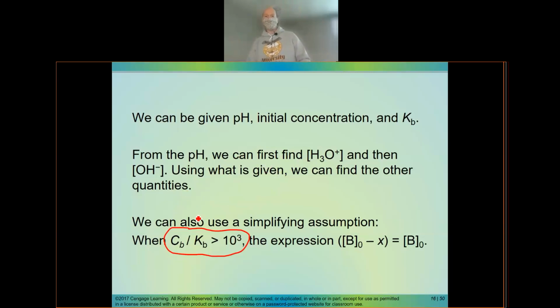All right, so that is where your 5% error comes in. If you have your concentration initial divided by your K of that reaction, if that is greater than 1,000, then you do not have to plug your X value back in and get another. You can, but you don't have to.